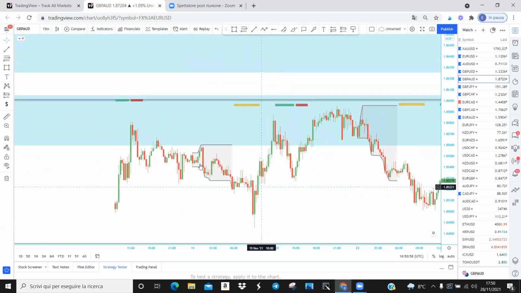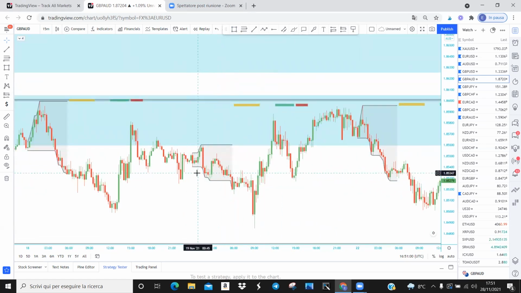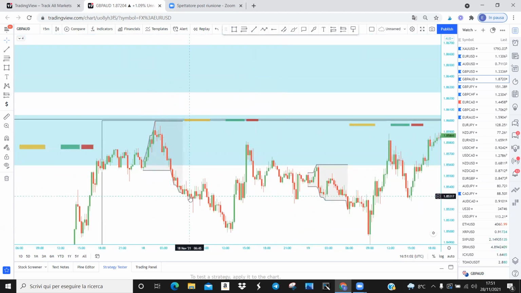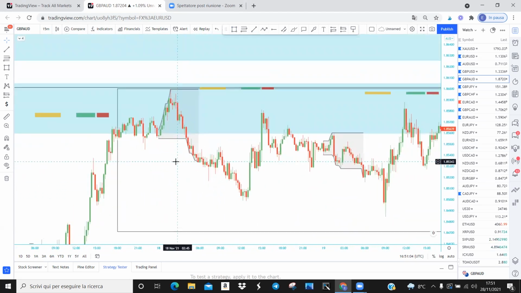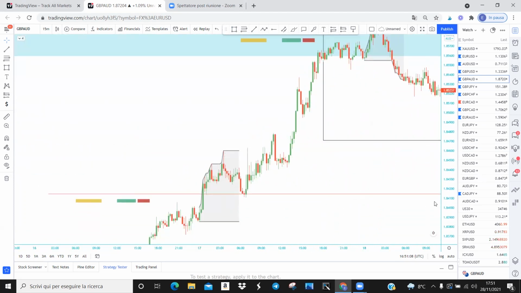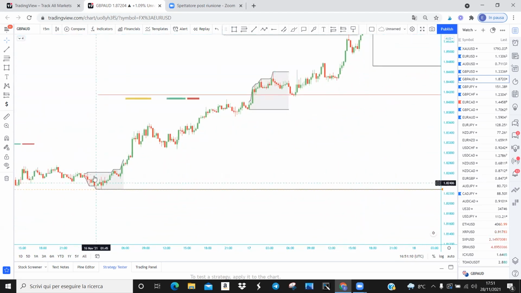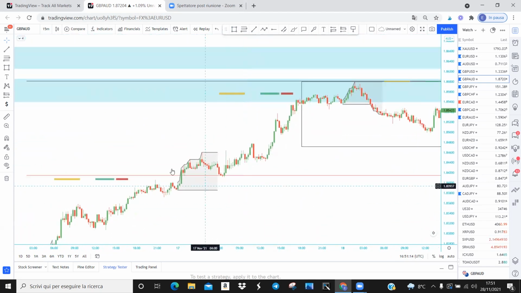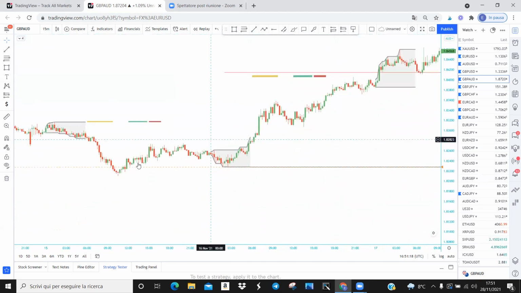So you want to see an Asian range more like this. This is already a little bit more crazy, a little bit bigger, so not really usable for what I like. But something like this is perfect. Something like this can be already a little bit big, as you can see.